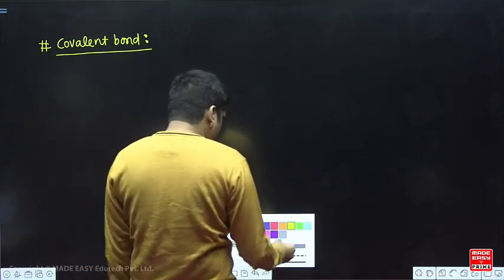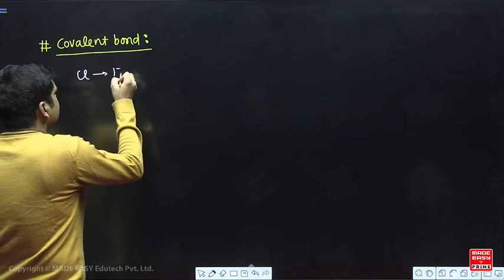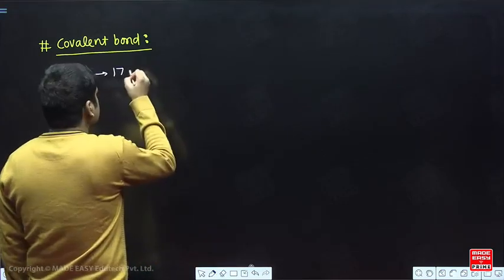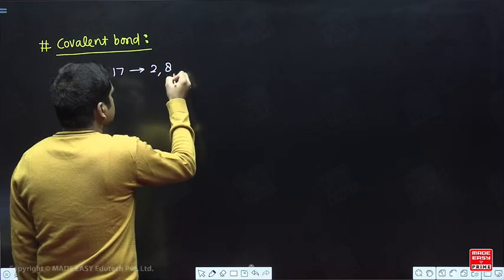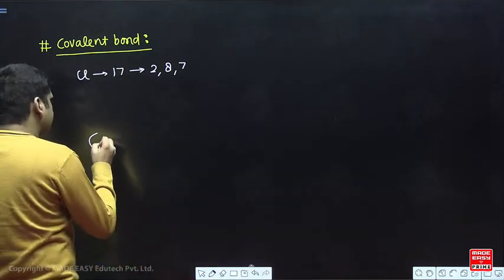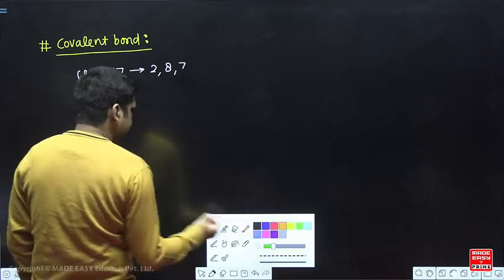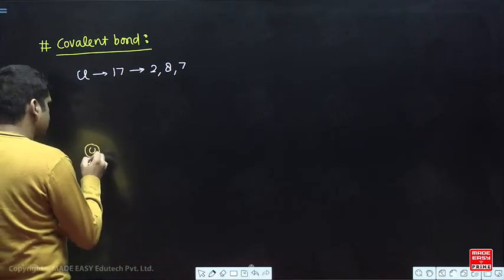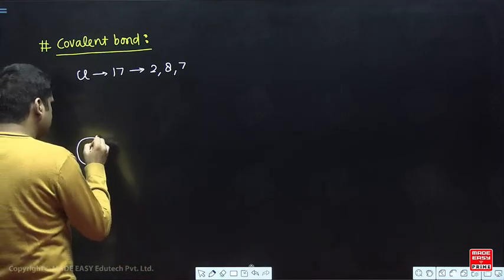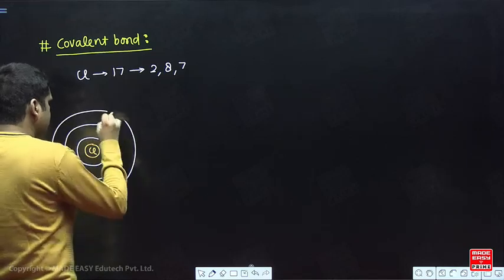Let us suppose we have two chlorine atoms. Chlorine atomic number is 17. So the electronic configuration is something like this: 2, 8, 7. Suppose we have one chlorine atom. So it has 3 orbits. First orbit, second orbit, third orbit.